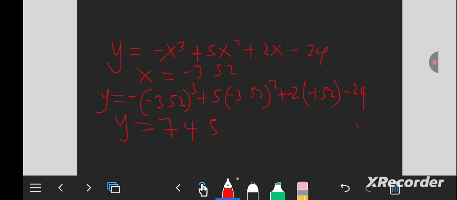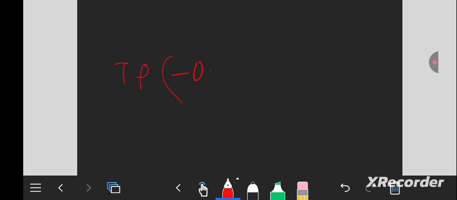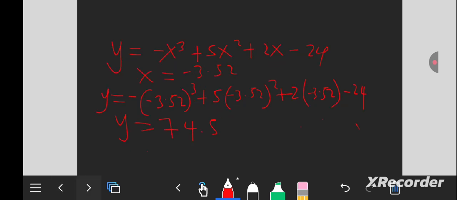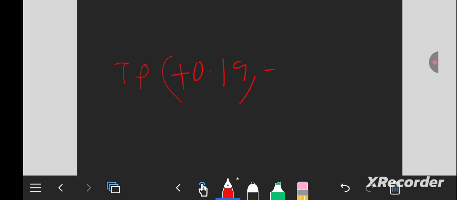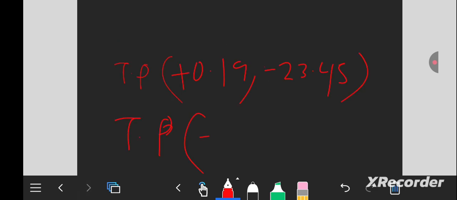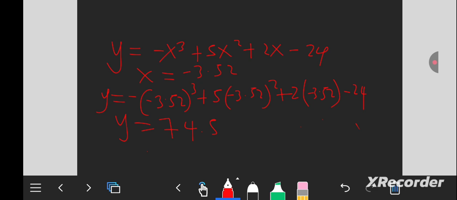So I'll write them here: 0.19 comma negative 23.45. The other turning point, you see this is a polynomial, so it gives you two different turning points. The other one is negative 3.52 comma 74.5.